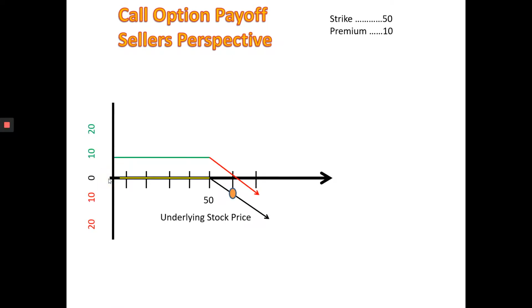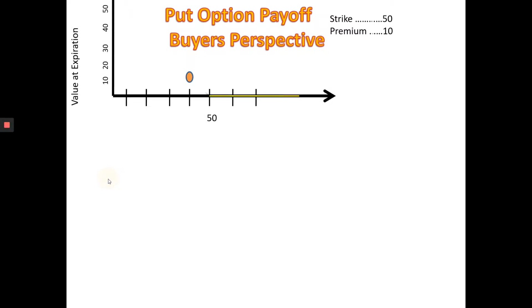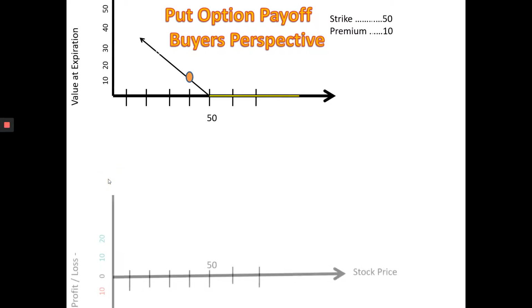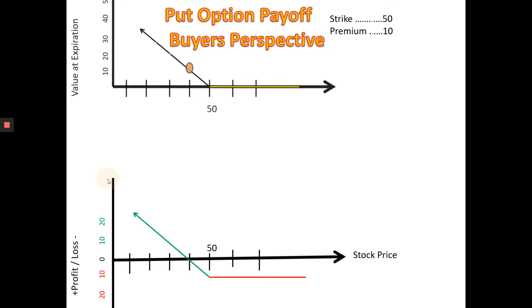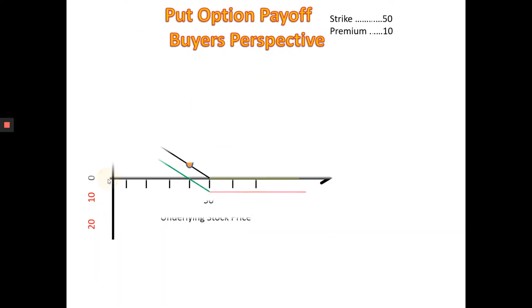So this is the call option payoff from the seller's perspective. We again wanted to be below 50. When we buy the put option, we are bearish, expecting that the stock price is going to go down.